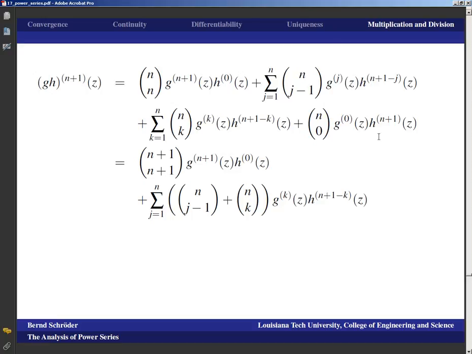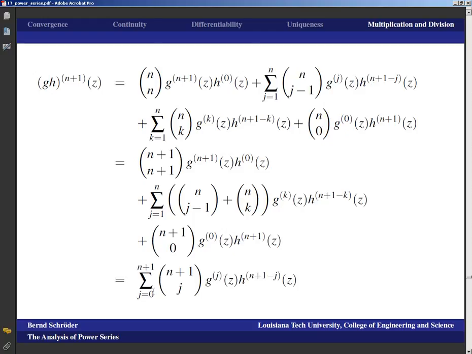And then we have that 0th term, and whether we use n choose 0, which is 1, or n plus 1 choose 0, which is 1 also, we're okay. And we realize that that is the sum j equals 0 to n plus 1, n plus 1 choose j, j's derivative of g times n plus 1 minus j's derivative of h.